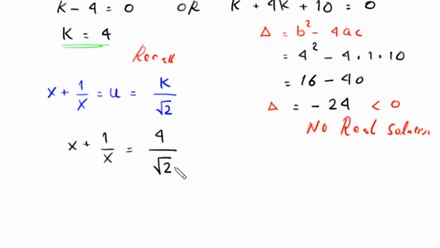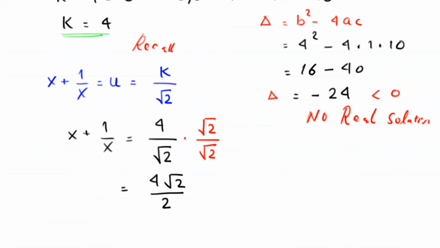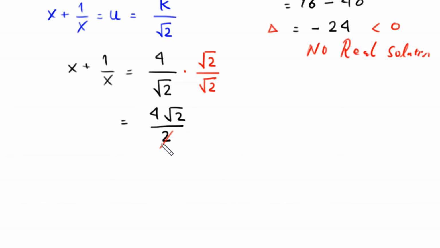To rationalize the denominator, we multiply and divide by root 2. So this will become 4 times root 2 divided by 2. Now this 2 one time, 2 times 4. So we get the value of x plus 1 over x equal to 2 times root 2.